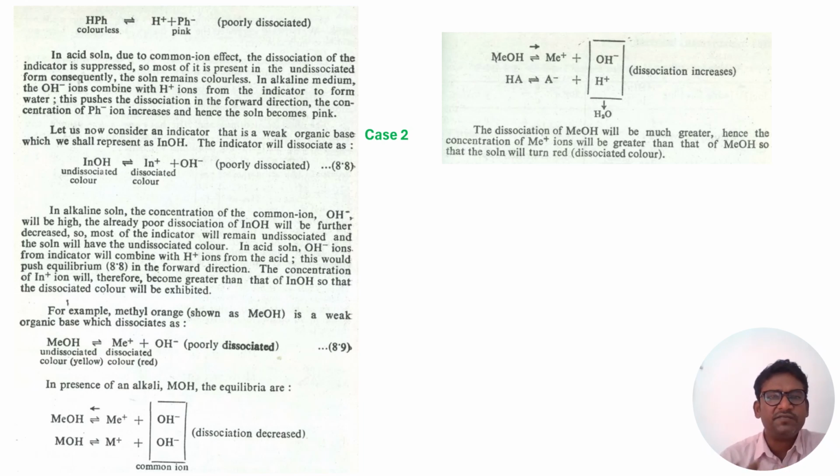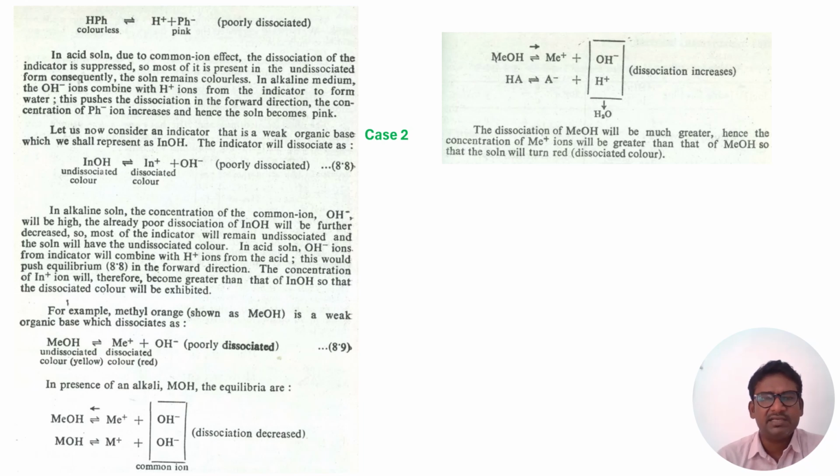So most of it is present in the undissociated form. Consequently, the solution remains colorless. In alkali medium, the hydroxyl ion combines with H+ ions from the indicator to form water. This pushes the dissociation in the forward direction. Therefore, the concentration of Ph- ion increases and hence the solution becomes pink.